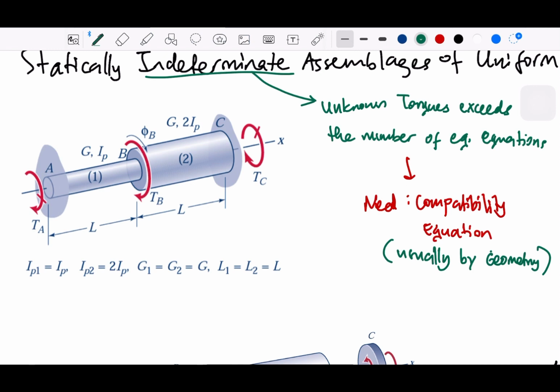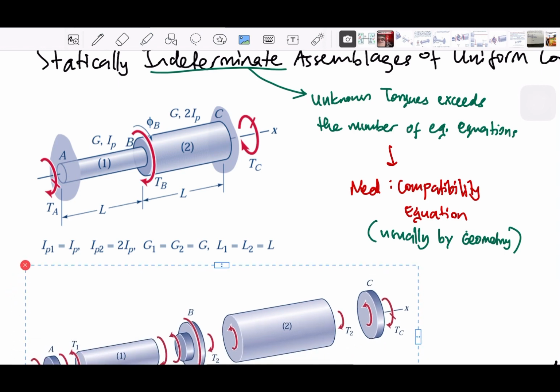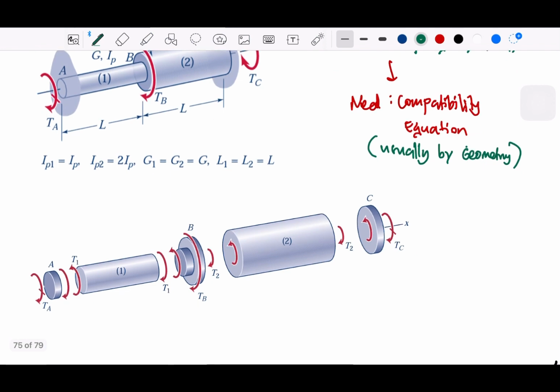Okay, first we could slice the model and then make the free body diagram. So we slice all. First is the fixed wall here. We slice the node A, to see what will happen here.